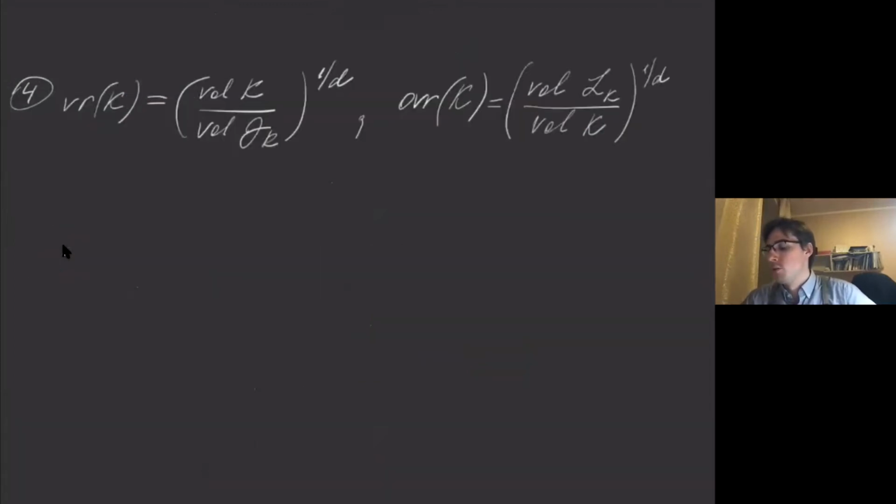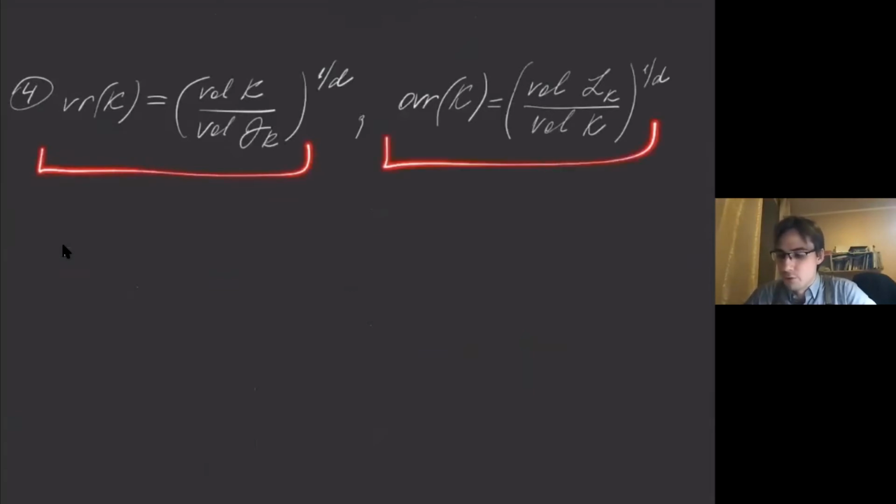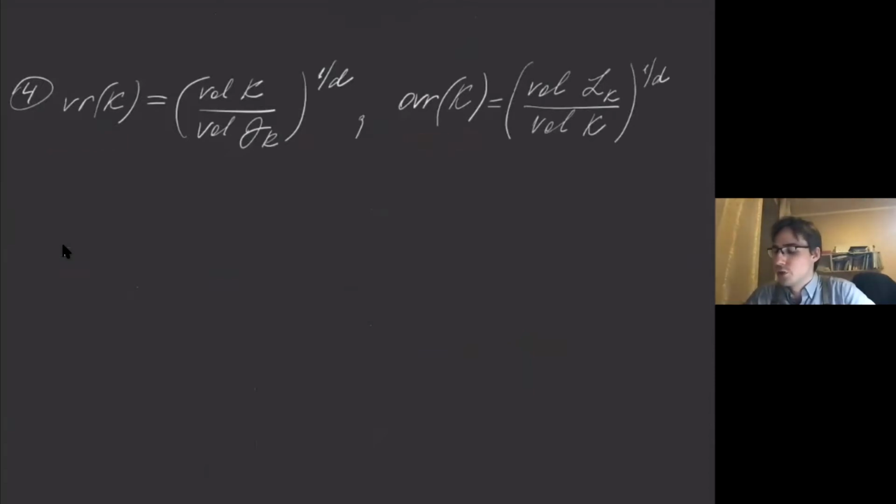Another important thing about the John and Lowner ellipsoids are the following quantities called the volume ratio of a body K and the outer volume ratio of a body K. The volume ratio of a body K is simply the volume of the body K itself over the volume of its John ellipsoid, to the power of 1 over d.